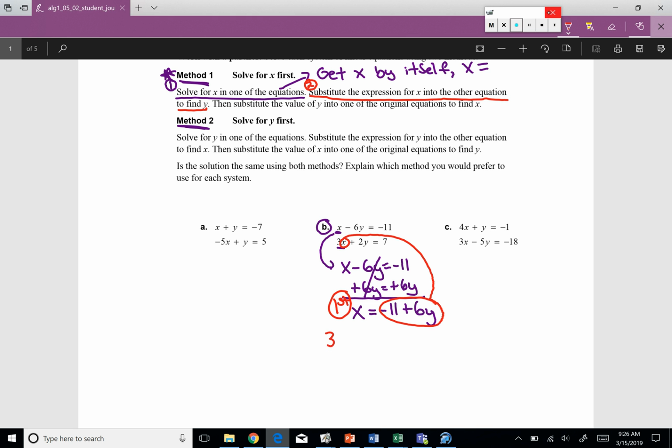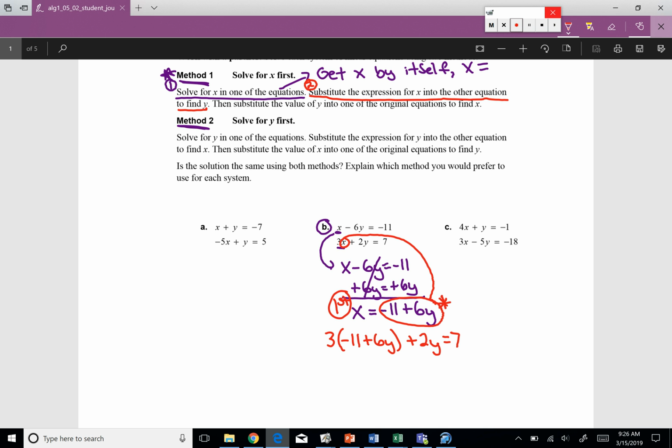So here's what that looks like. I have a 3. In place of the x, I'm going to write negative 11 plus 6y. Then I still have plus 2y equals 7. So into that second equation, instead of x, I wrote what x equals.